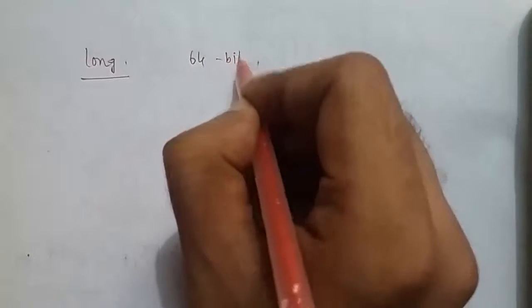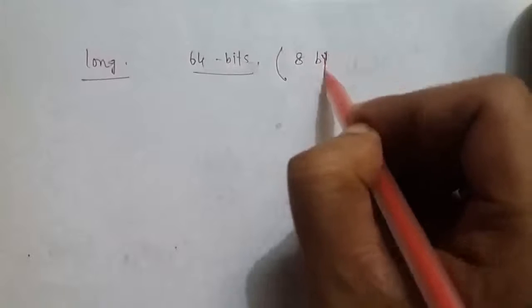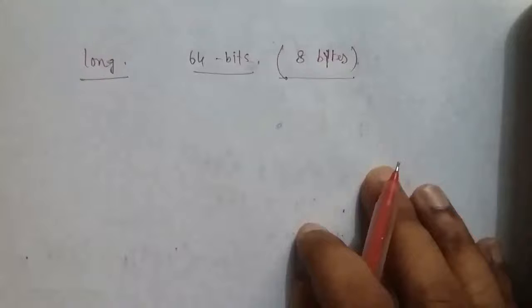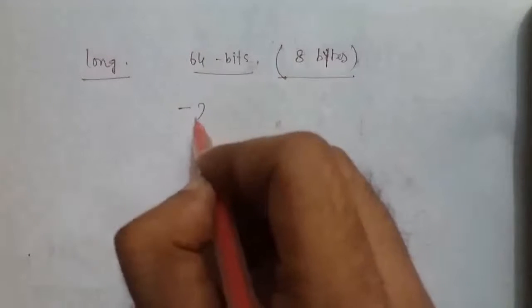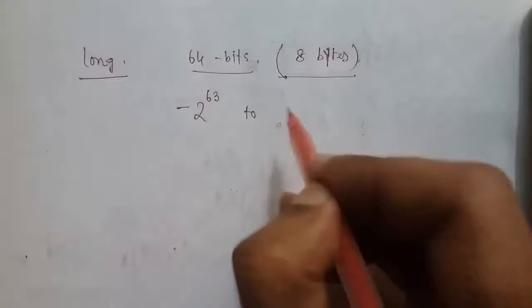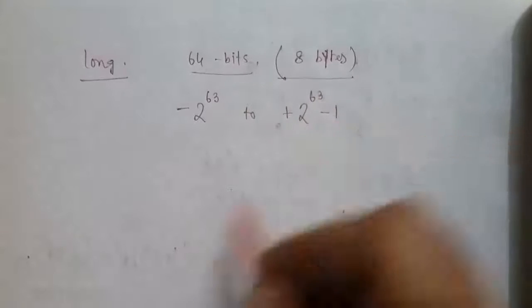Now long. The memory space of long is 64 bits, because 32 into 2 is 64 bits, and it is 8 bytes if you express it in terms of bytes. The range is minus 2 to the power 63 to plus 2 to the power 63 minus 1.